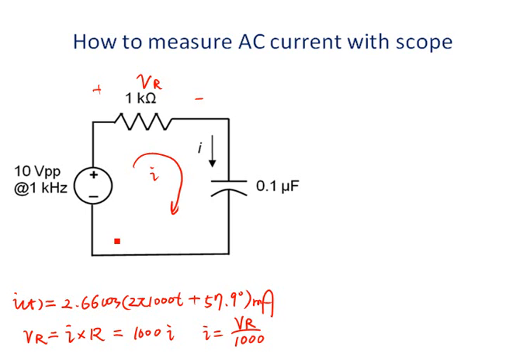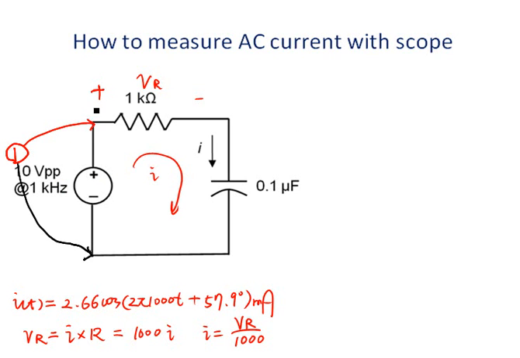Firstly, we need to connect one of the channels of the oscilloscope to the power supply, the positive lead and the black lead of the probe. So that is the first channel of the oscilloscope.